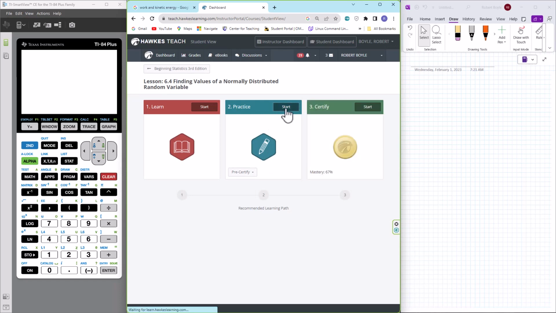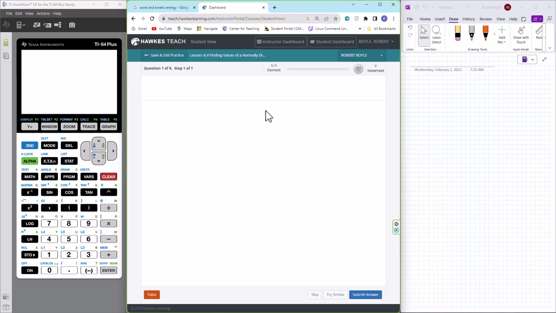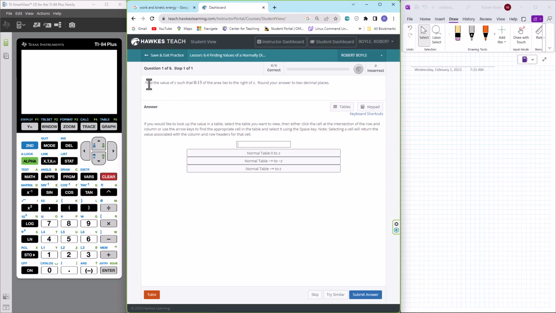And here we go. This is my first problem. Find the value of z such that 1/3 of the area lies to the right. Essentially, if I was going to crudely draw my bell curve, and this is definitely crude, we are looking for the z where 1/3 of the area is to the right.